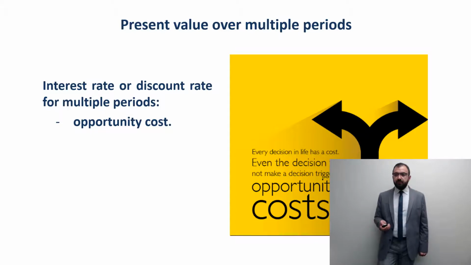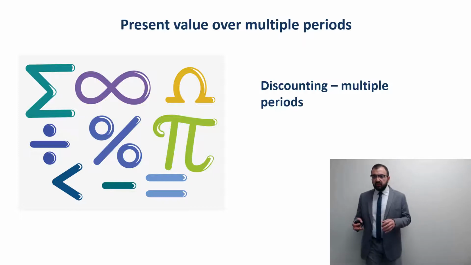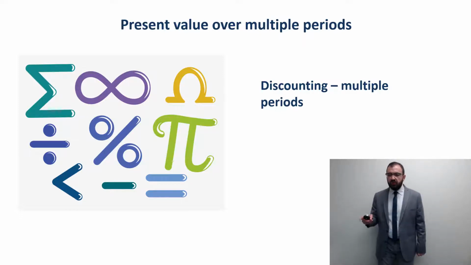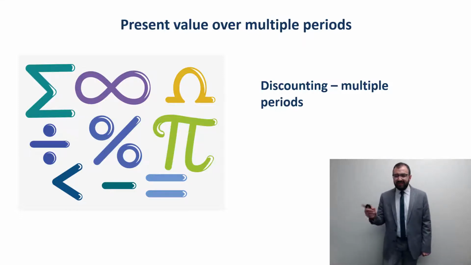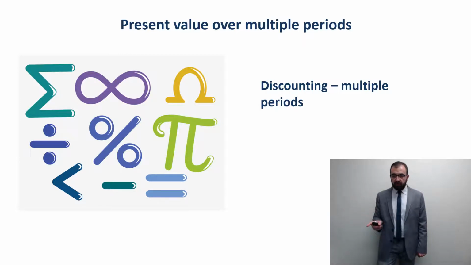Remember this. Discounting over multiple years is similar to discounting over 1 year, except that the 1 year discounting process has to be repeated over and over and over again.